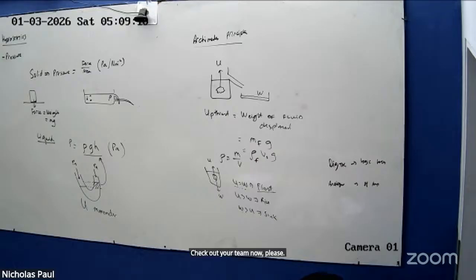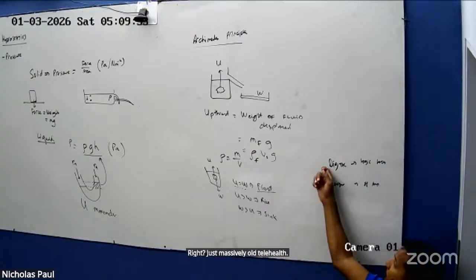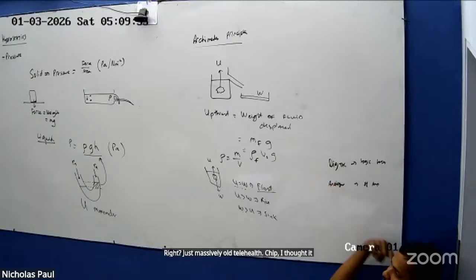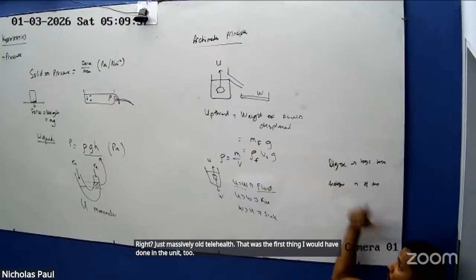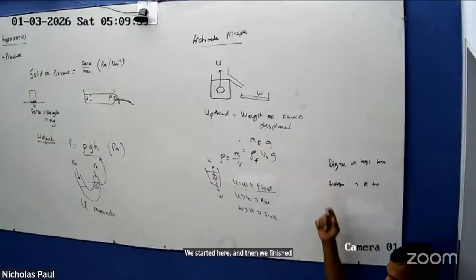If all of you did it, then we will jump straight into module one. Just message in the group now. Let me know if you all did it or not. Check back at the beginning. That was the first thing I would have done in unit two. We started here and then we finished off here, I think.